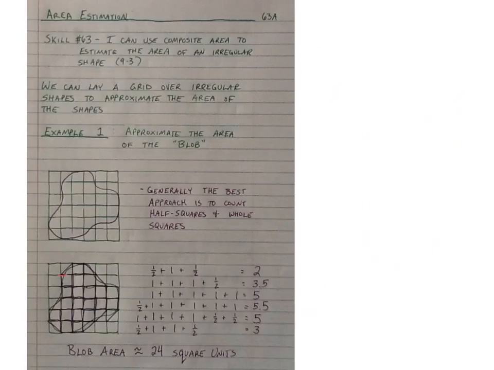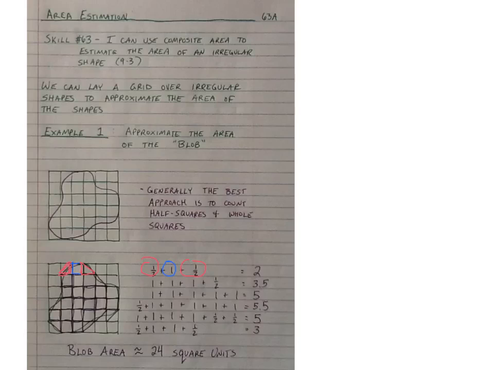So in this grid, we've got about half of a square, and the next one we have almost a full square. In the third one we have probably about half a square as well. And we just go through and we count up those spaces for all of the spots.